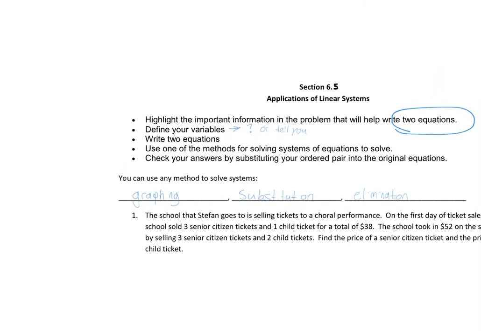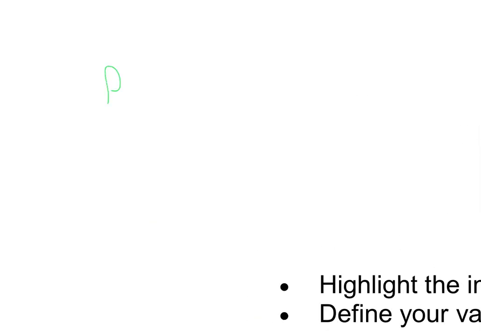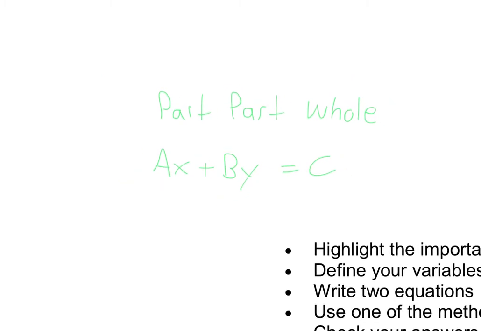There's really only two types of scenarios for the majority of real-world problems for systems of equations that you're going to look at. If you have part whole, that's ax plus by equals c, a standard form situation.